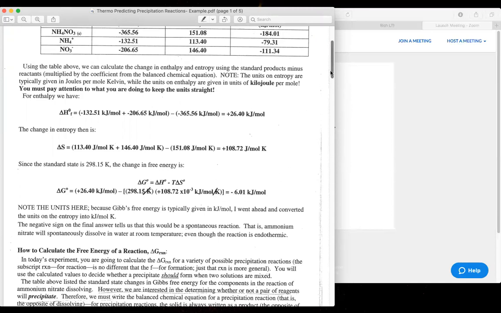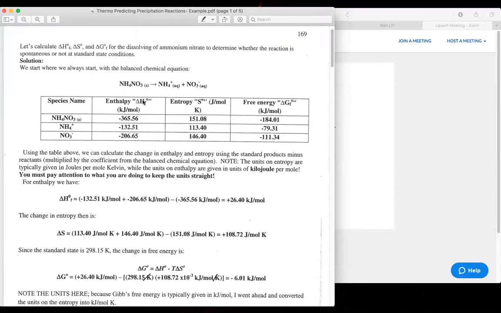The way it is written in this equation, we can say that placing ammonium nitrate in H2O will spontaneously dissolve into respective ions. Remember, aqueous and aqueous.